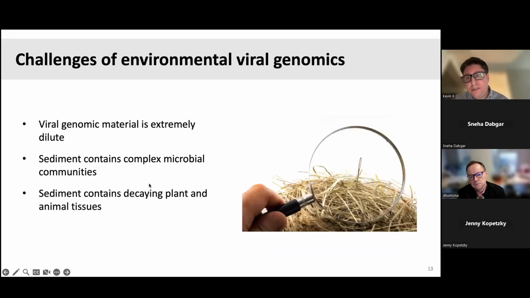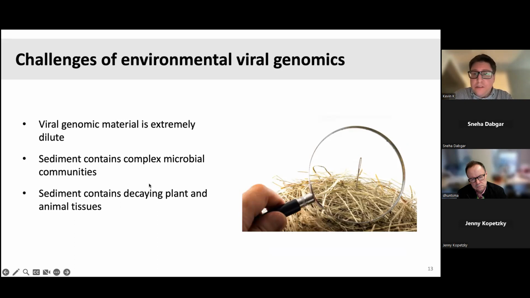Now our ability to use these specimens, though, really hinges on our ability to detect and characterize viruses in them. So basically, we need to be able to sequence flu genomes from these specimens. But environmental genomics for viral surveillance faces a couple of major technical challenges.